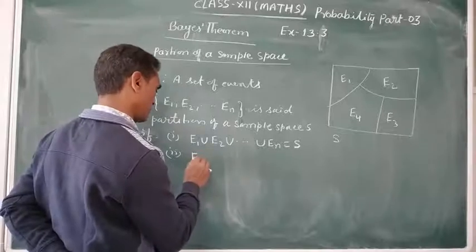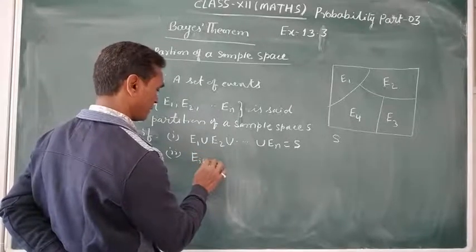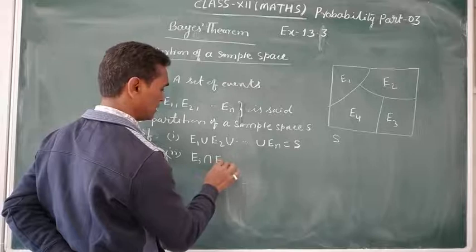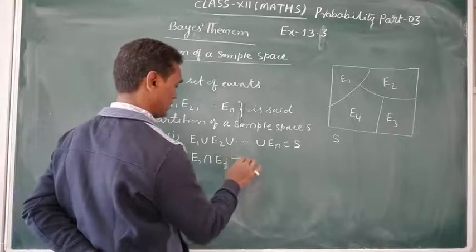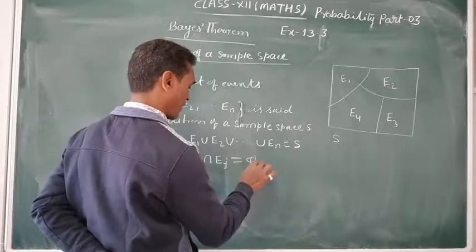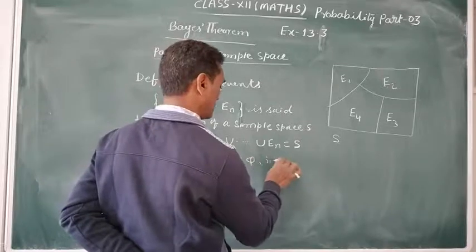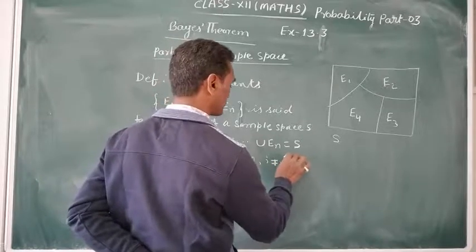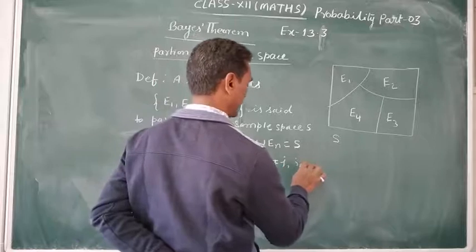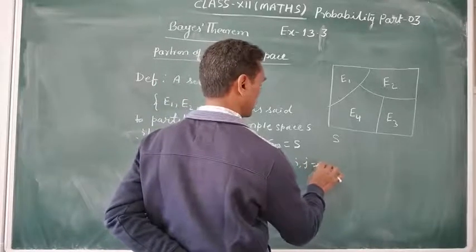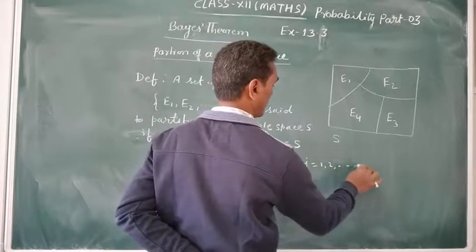So Ei intersection Ej is equal to phi, where i is not equal to j and i, j equal to 1, 2 and so on.